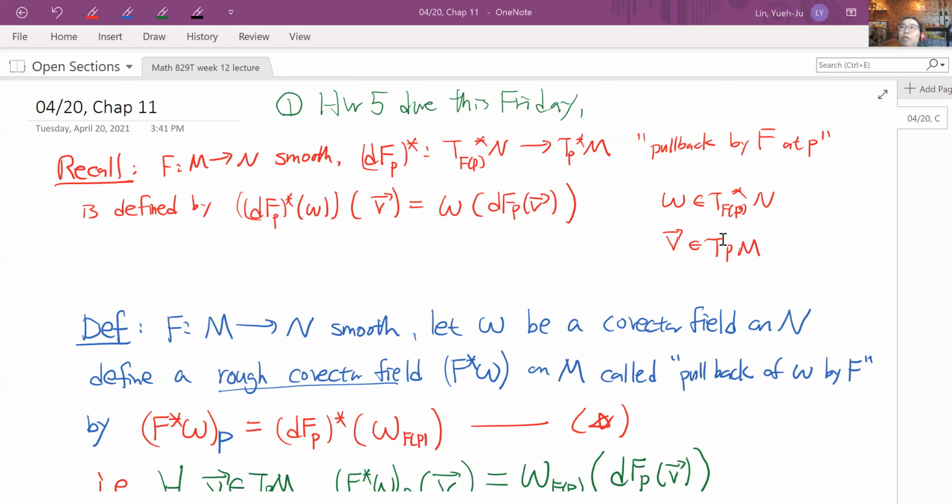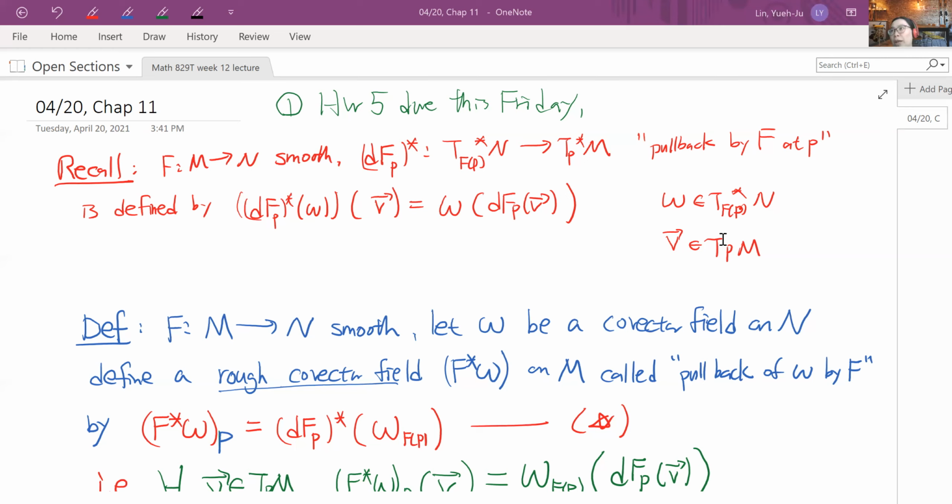The way we define it is by pulling back the covector field from the manifold to R, right? Because if you have a curve, the curve would look like a map from some interval on R to the manifold. Then how do we define the integral on the manifold? We do it by pulling back the covector field to the domain, right?